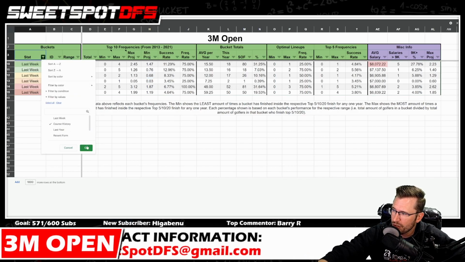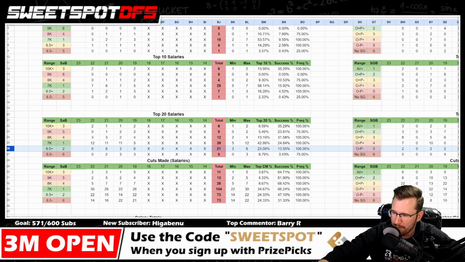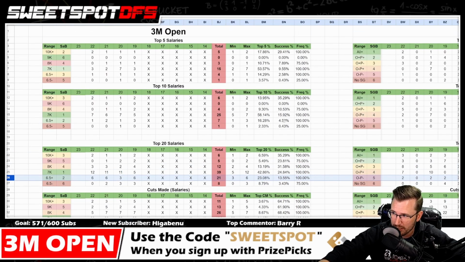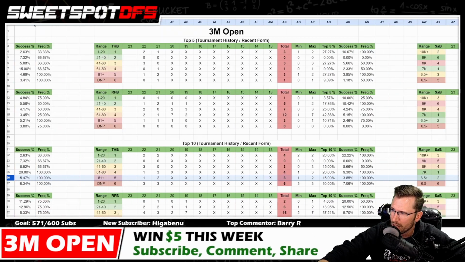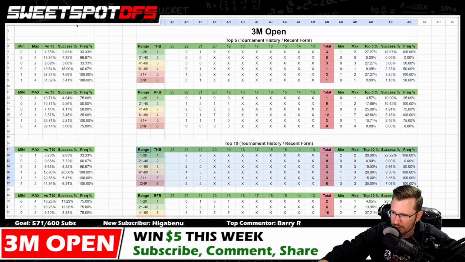We're going to move on to course history buckets. Yeah, maybe not. I only say that because technically we only have 2 years worth of course history. So if I go to my bucket page, this is the engine that drives the sheet that I've been showing you. And when we look at each one of these top tables, you can see it has a name here, top 10, top 5.